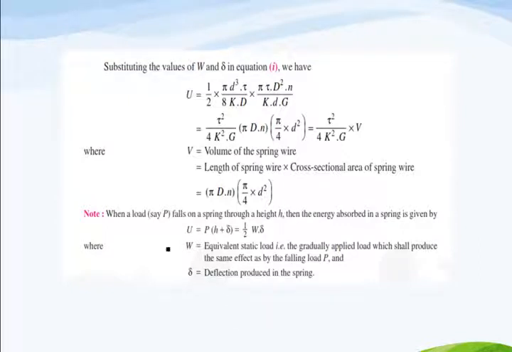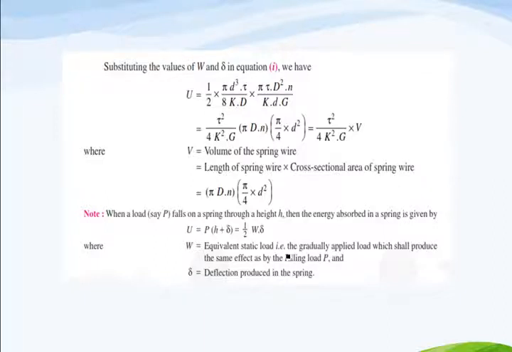Note that when a load falls on the spring, that is, when a load is falling from a distance h, from height h, if you want to find out the energy stored, we use this relation: P into (h plus delta) is equal to half into W into delta, where W is the equivalent static load.